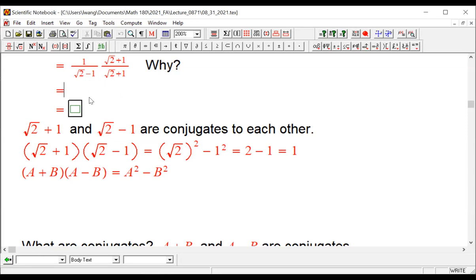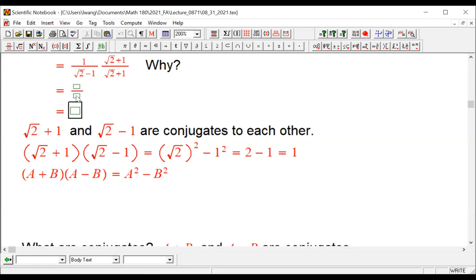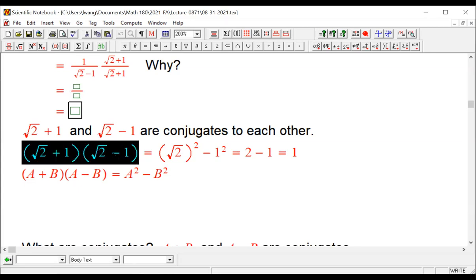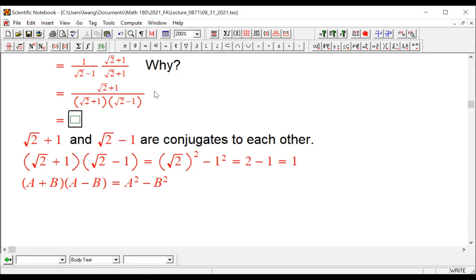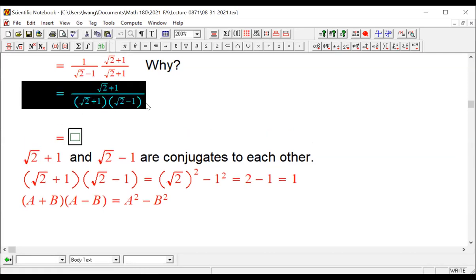I'm glad you see that insight. Okay. And then we got rid of the radicals in the denominator, didn't we? Because in the denominator, we multiply denominator with denominator, and the numerator stays the same, right? And then one more step.